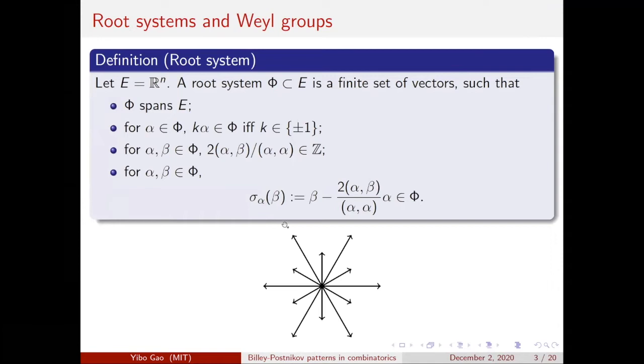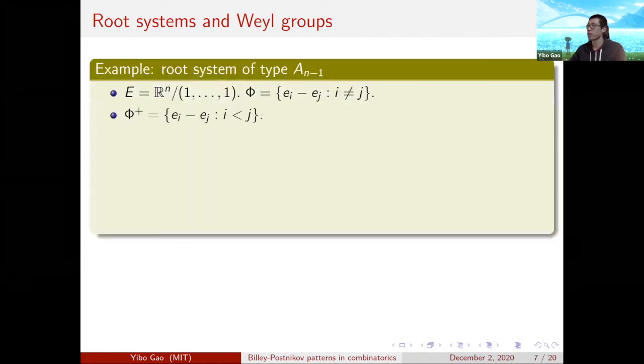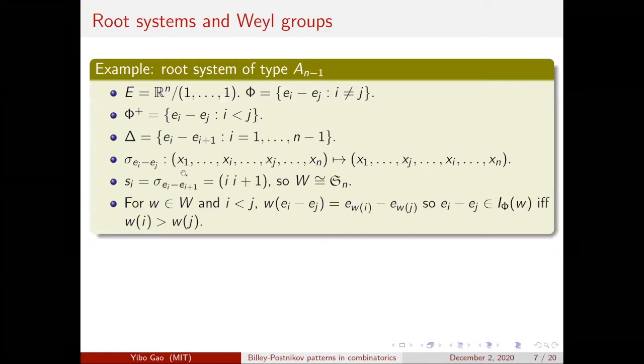And what this does is it sends beta to the reflection across this hyperplane, so it can be written as beta plus some multiple of alpha. I see, yeah. And what it says here is that no matter what this is sent to, the difference between these two will be a multiple of e_i minus e_j.